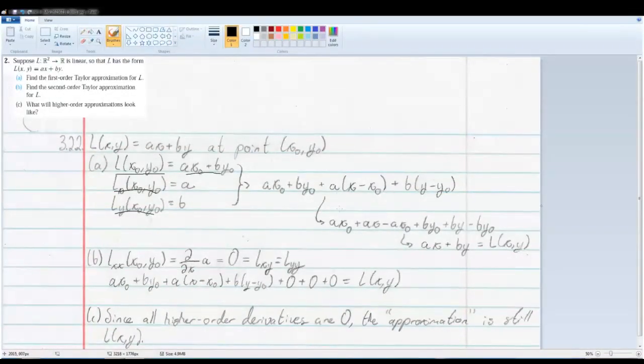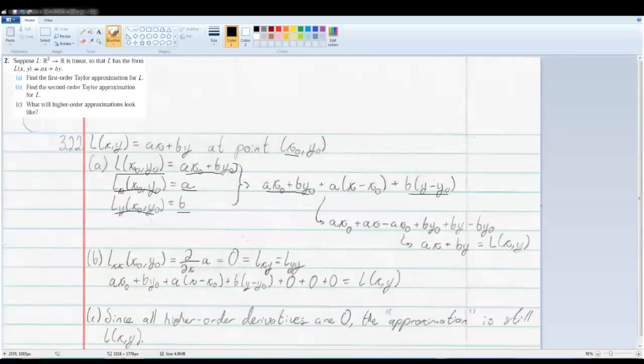And plugging that into the function, it basically ends up being the first part, which is this, plus whatever you get out of here times x minus the x part of the center point, and then whatever you get out of the y derivative, basically the same thing.